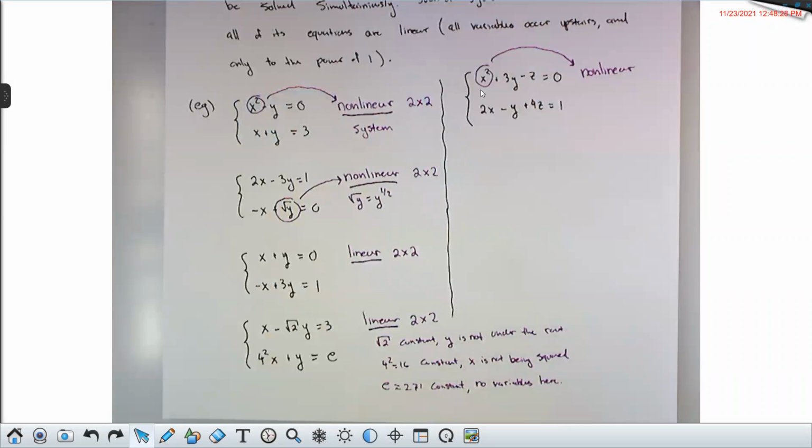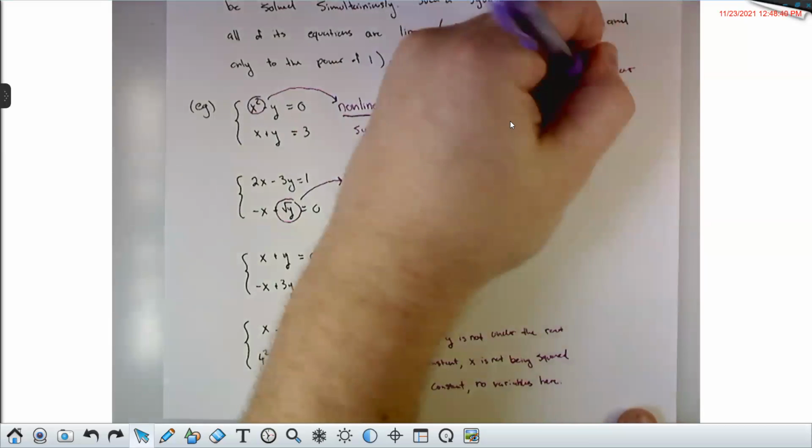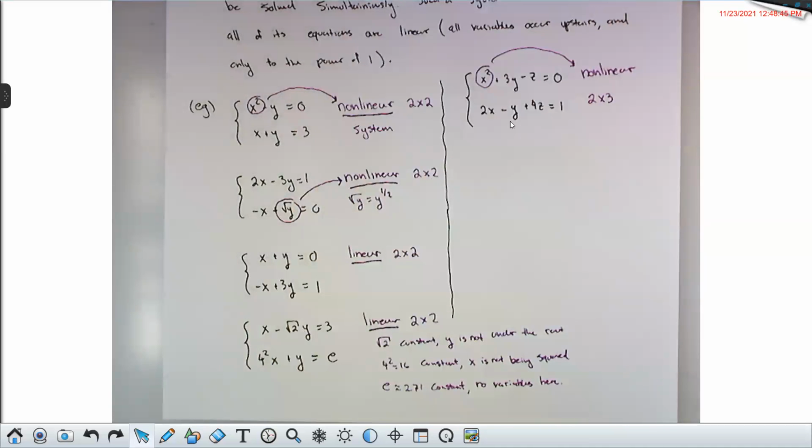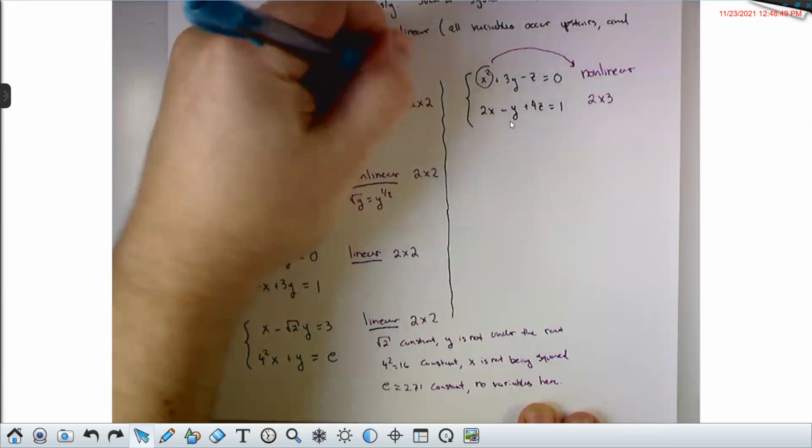It's a 3x3 because there's 3 variables, x, y, and z. It's true that there's 3 variables, x, y, and z. So the second number has to be a 3. But there's only 2 equations. So this is a nonlinear 2x3. So this first number here, this is the number of equations.